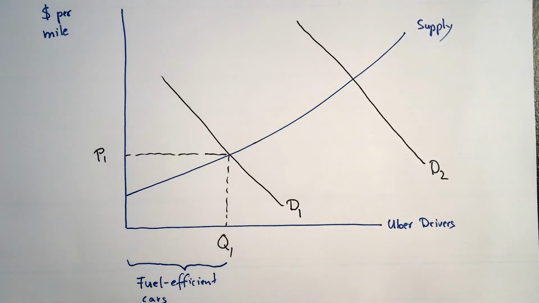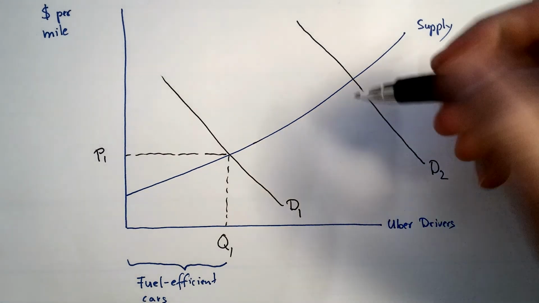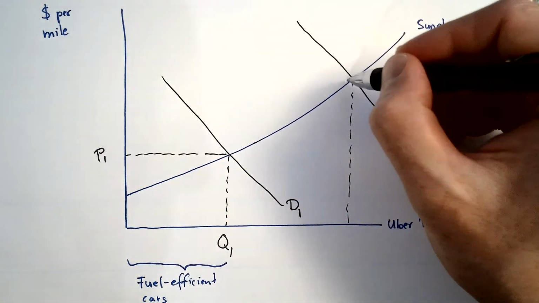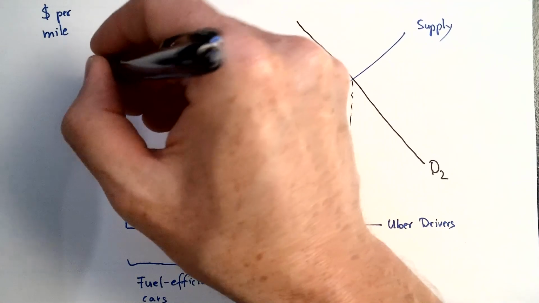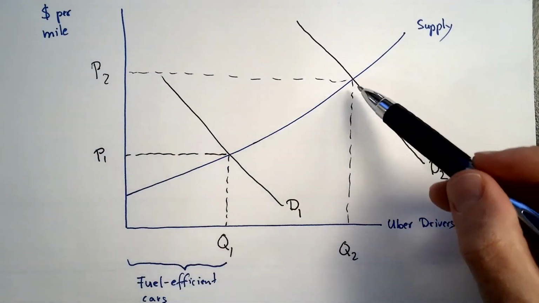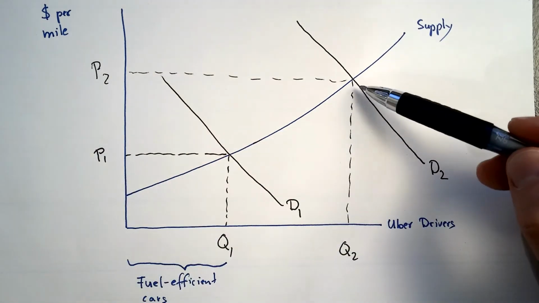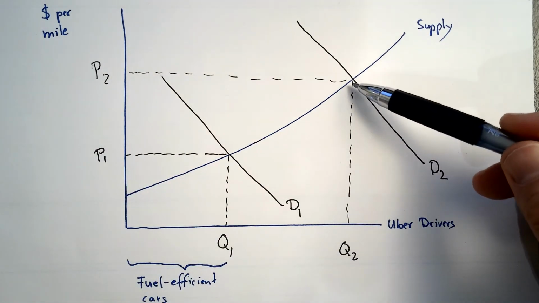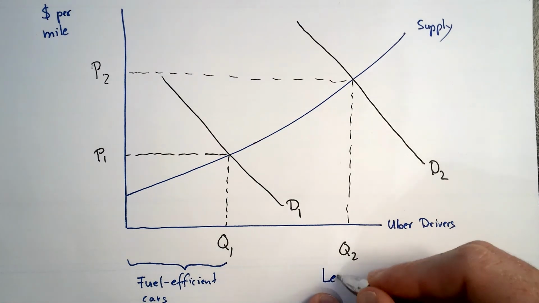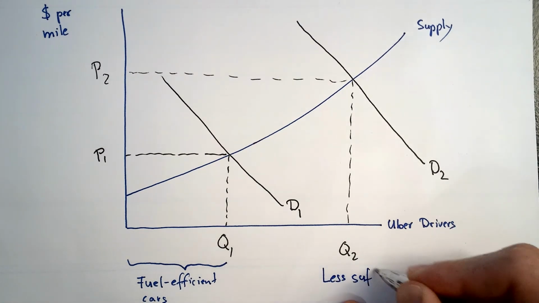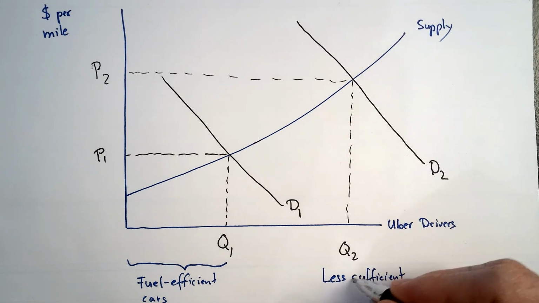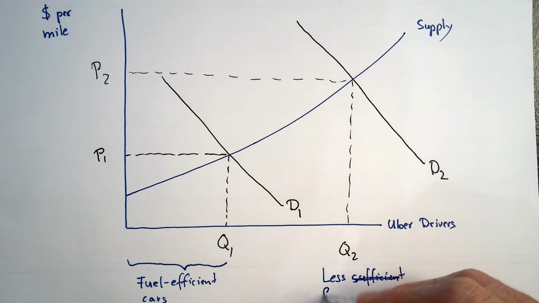Then in this case, in order to actually incentivize people with less fuel efficient cars to provide rides, the price has to actually increase. So if the price gets higher, then even if you are driving a less fuel efficient car, you are going to provide the service. Okay, less fuel efficient cars.